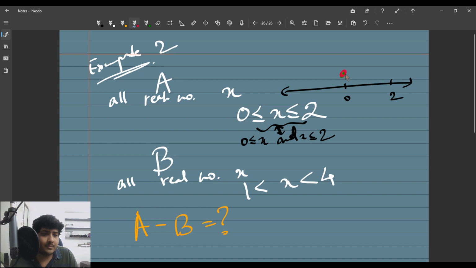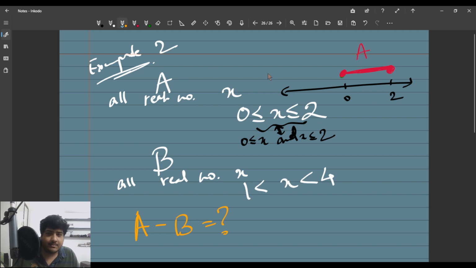So I'll put a circle and shade it in, suggesting that 0 is included. I'll put a circle, shade it in, suggesting that 2 is included, and the whole other set of numbers in between are included. So I'll depict it with a straight line. So this is graphically the set A. I'll write the set name here. This is set A.